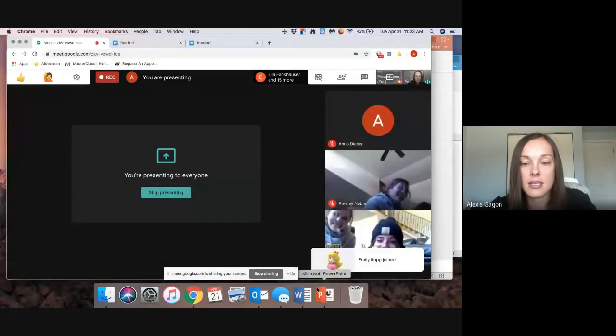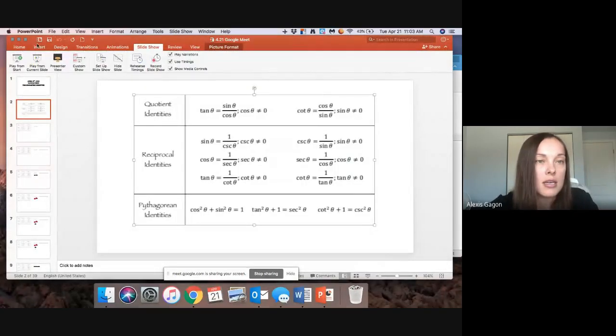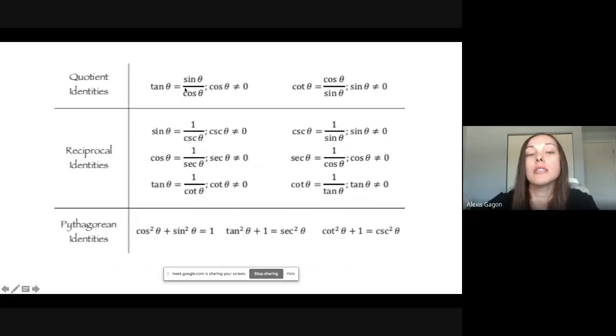Can everyone see this? Interrupt me if you can't see this. So always use this one over this one down here. And same thing here. Always use this cotangent one over this cotangent one. Okay, and then these are all the reciprocals, which we should know.